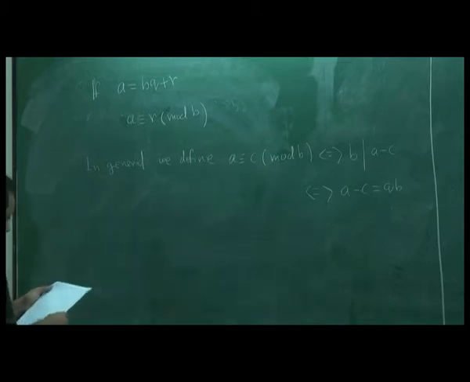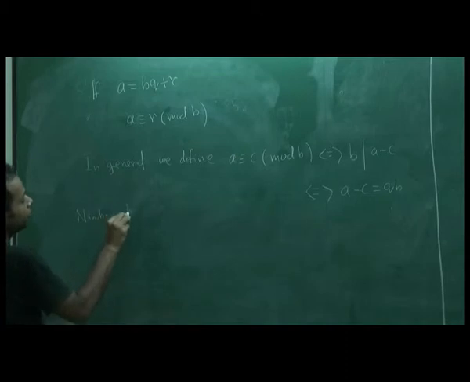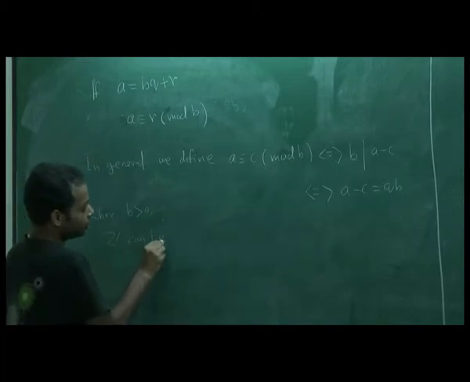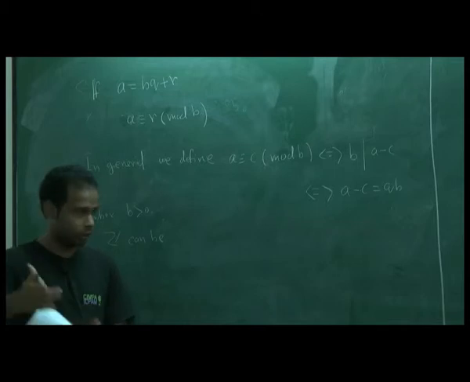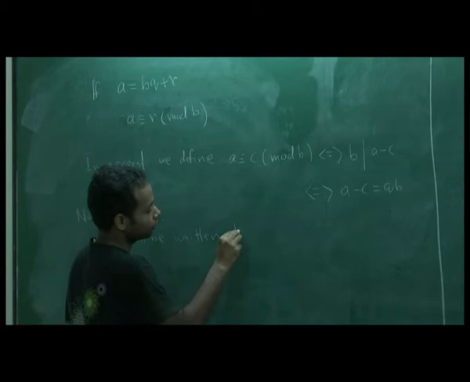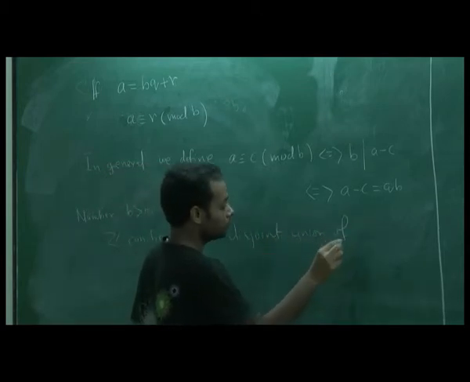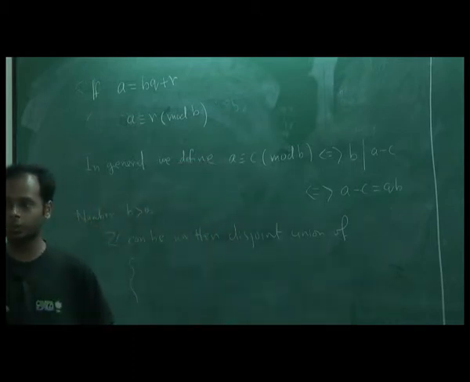I'll say what the division algorithm says through congruence. If I start with some number b greater than 0, then the set Z can be written as a disjoint union of the numbers that first give residue 0, then residue 1, and so on.